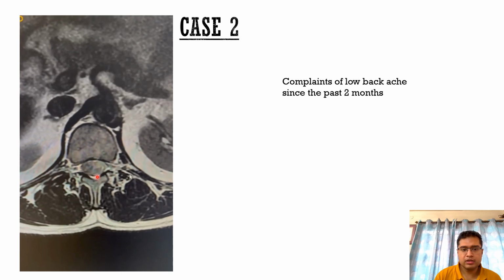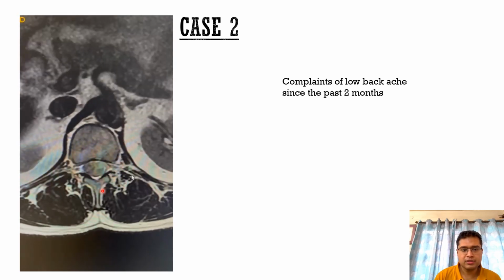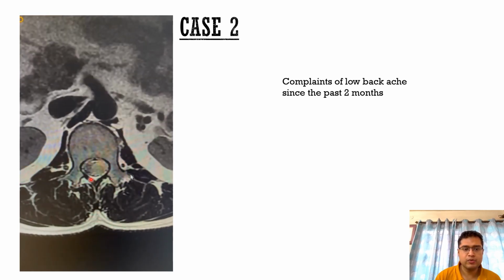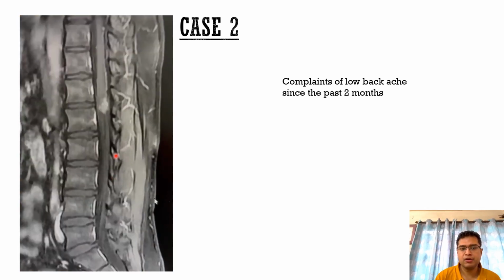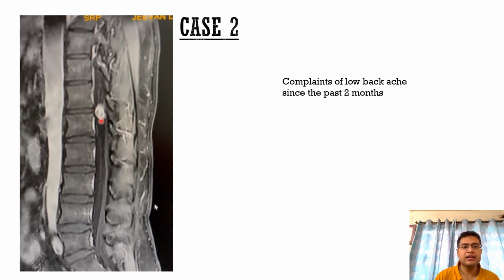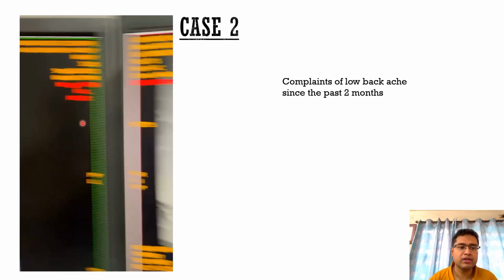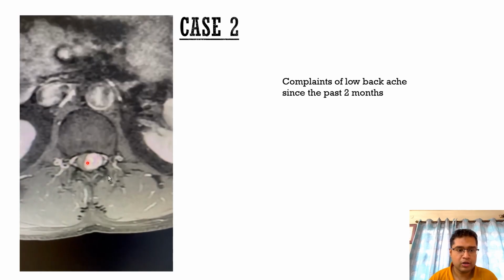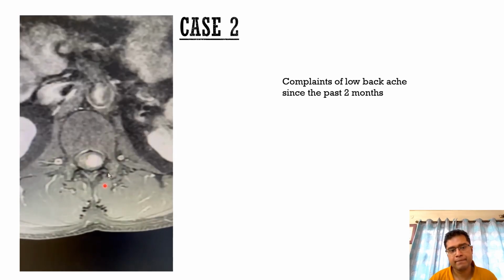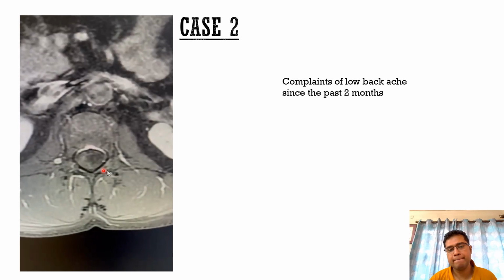These are the axial T2 weighted images, where again we can see this well-defined hyperintense lesion causing displacement of the cord. And these are the T1 post contrast images where there is vivid enhancement of the lesion with displacement of the cord laterally.